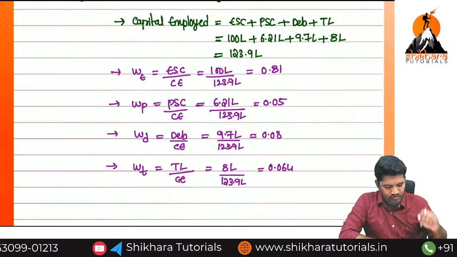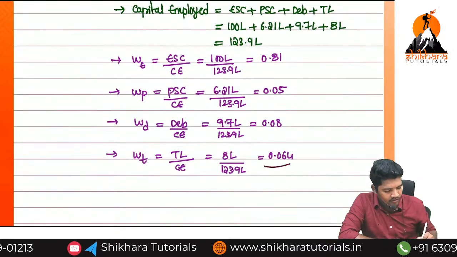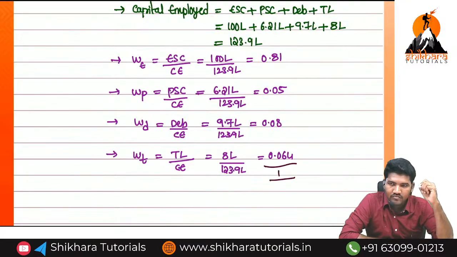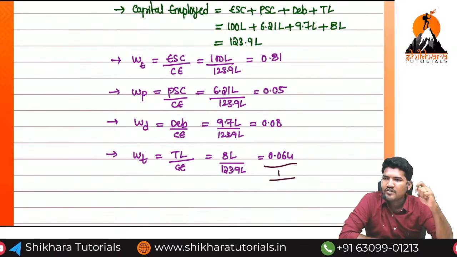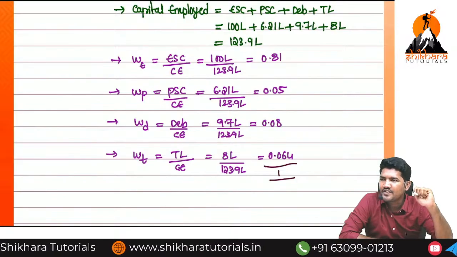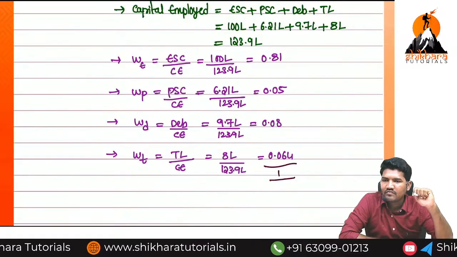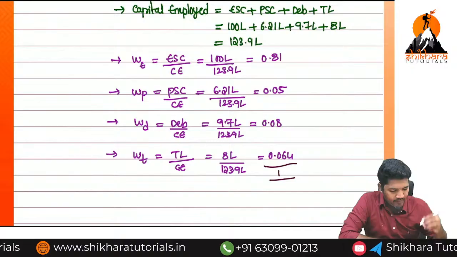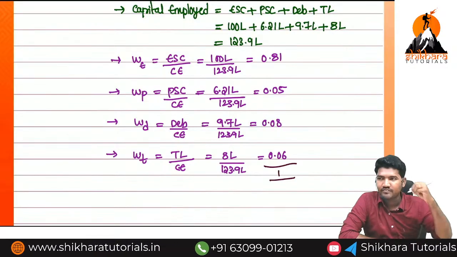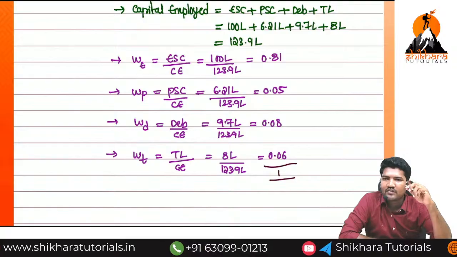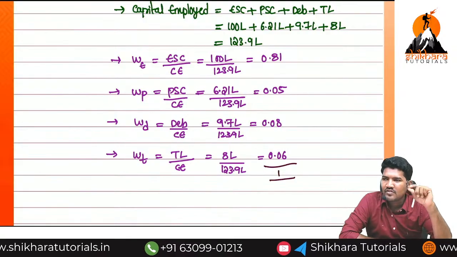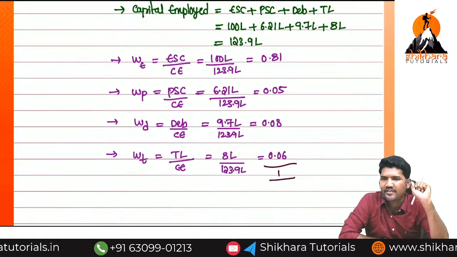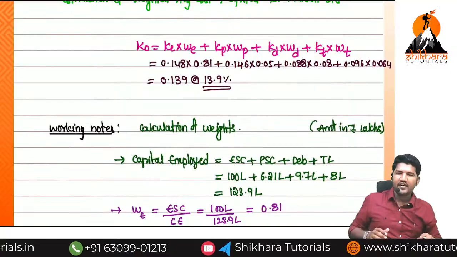If you add all, the summation will be 1, because out of 1 rupee we are calculating the proportions. There is a clerical error, so the book answer and our answer are slightly different. So this is a KO related problem we have.